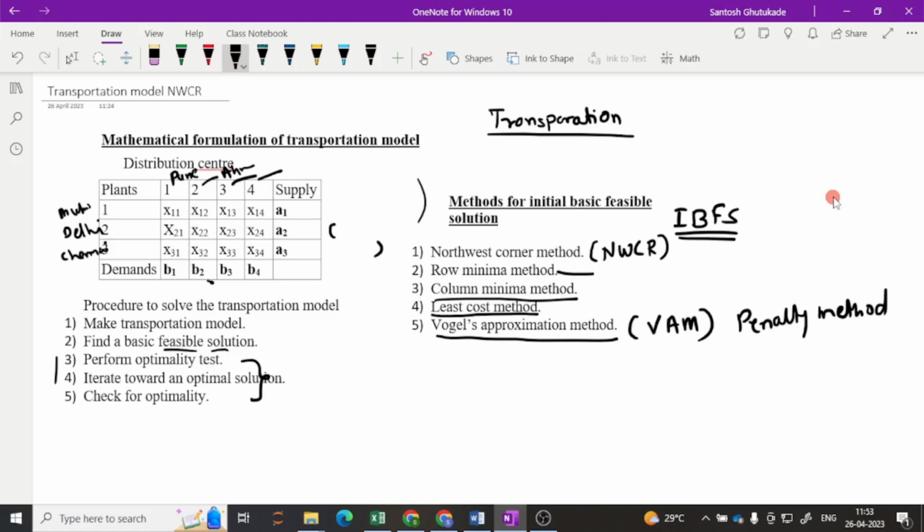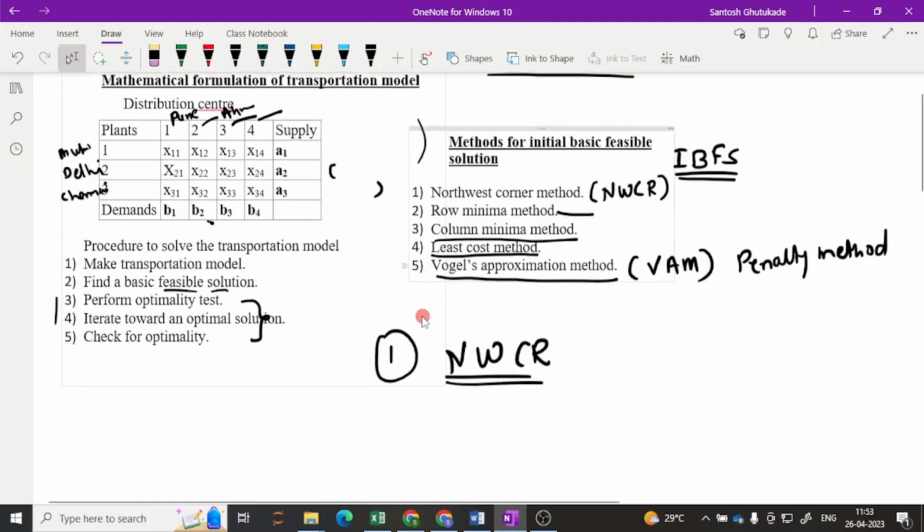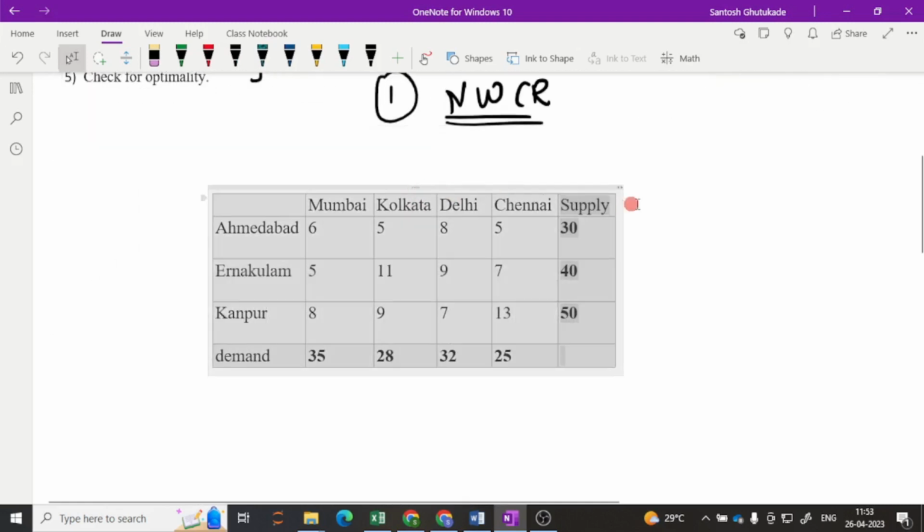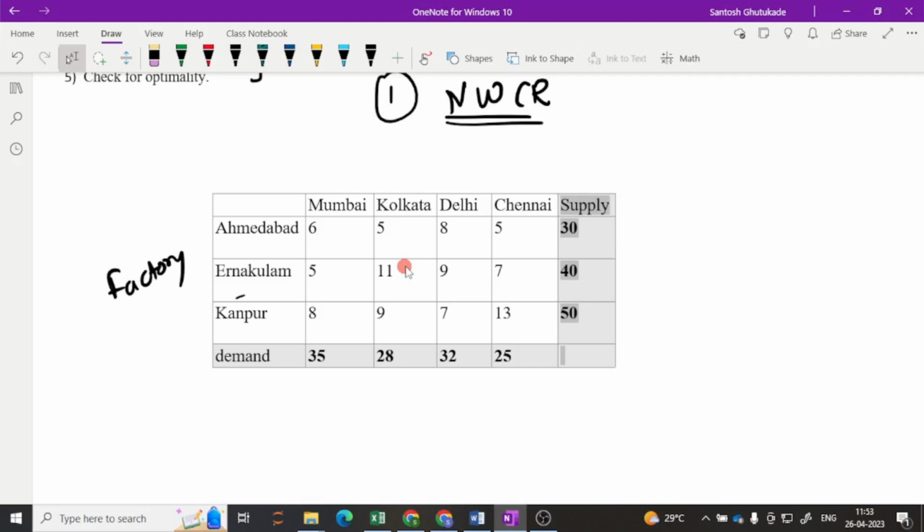We will start with the first method, NWCR, the northwest corner rule or northwest corner method, and see how to solve the problem by it. So this is a problem. Here we can consider these are the factories. Suppose these are the factories in Ahmedabad, Ernakulam and Kanpur.